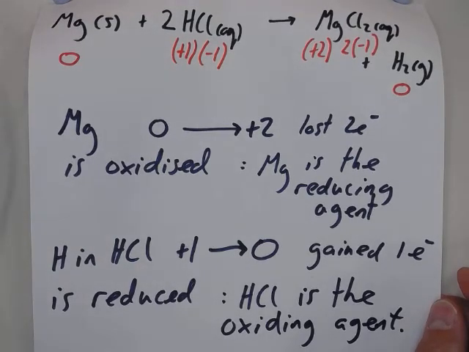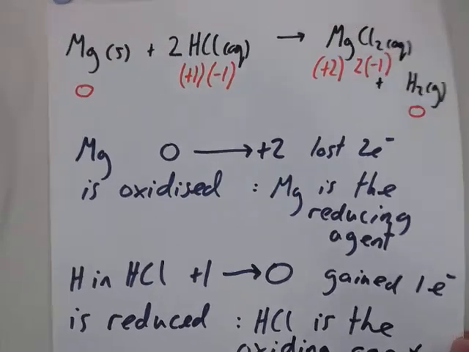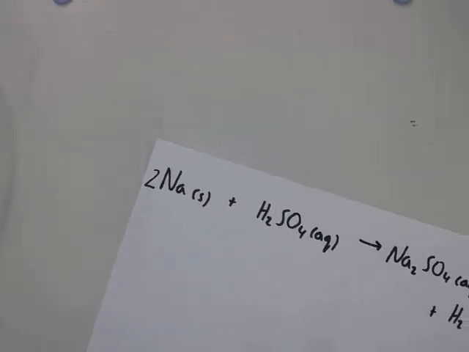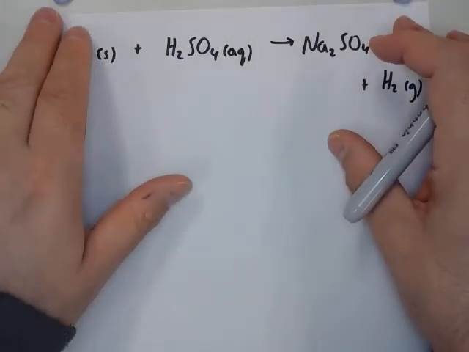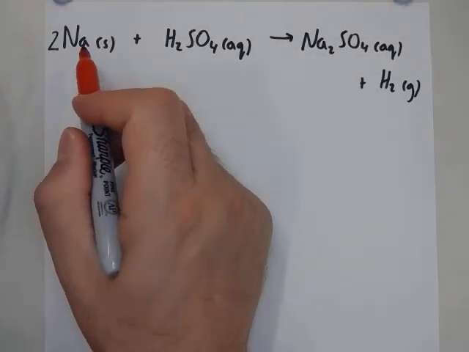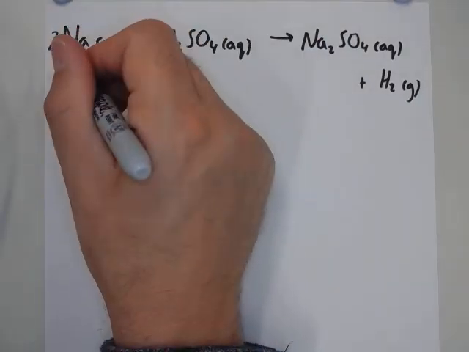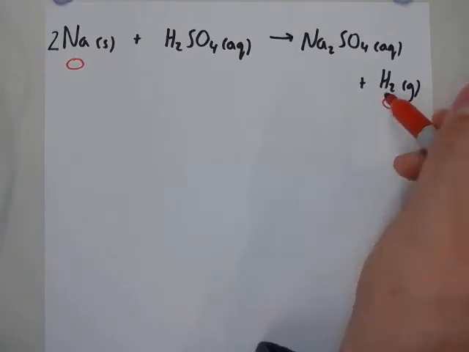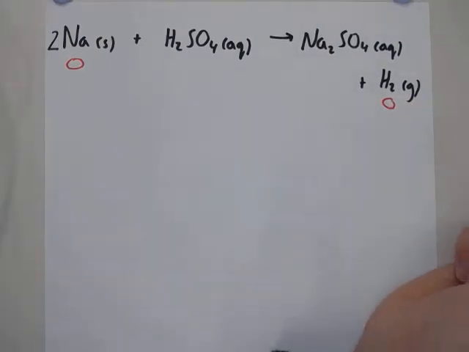Okay, let's do one more. So here we've got sodium reacting with sulfuric acid. So again, I ignore all the big balancing numbers, they're irrelevant to oxidation numbers. Each sodium is 0. Hydrogen over here is 0. Well, I always do those ones first because they're the ones where people make mistakes.